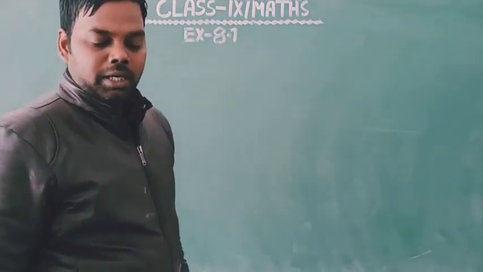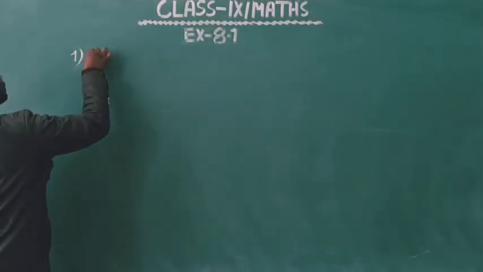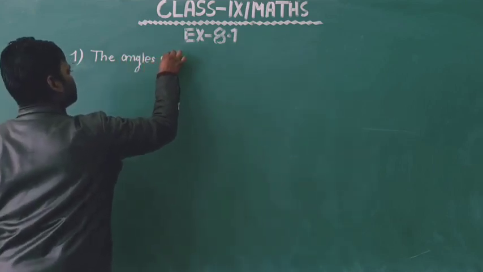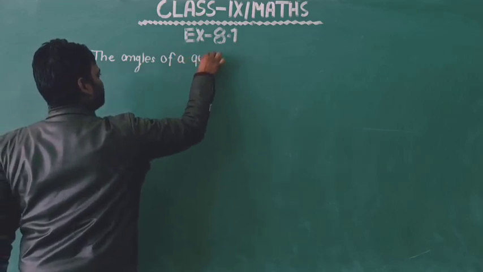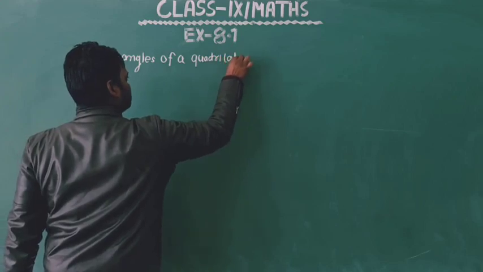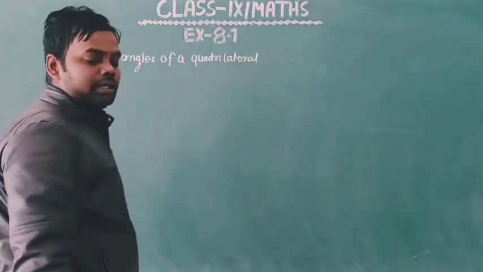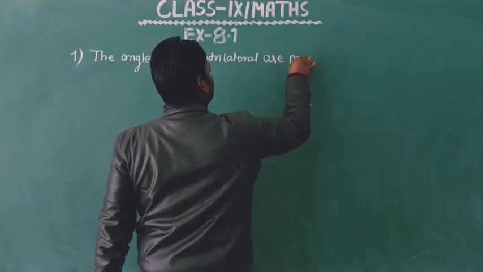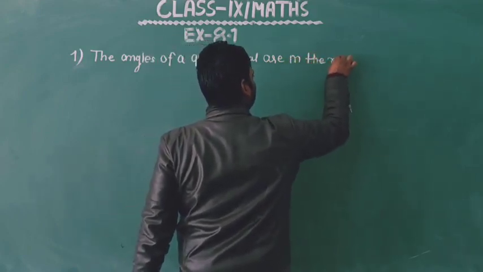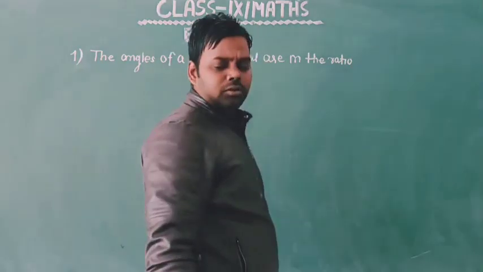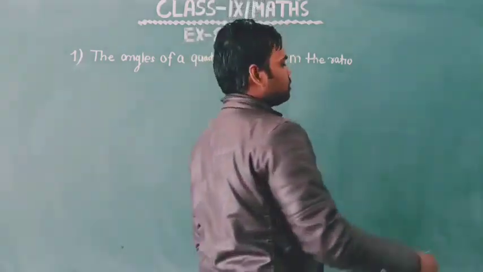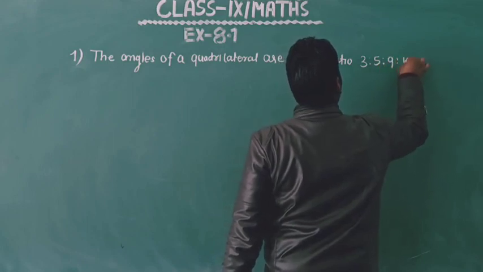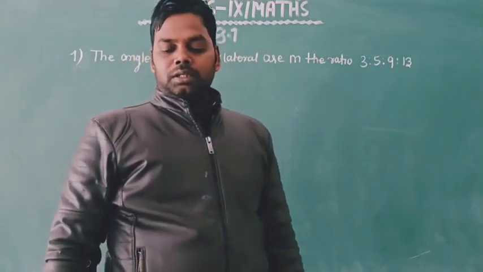The angles of a quadrilateral are in the ratio 3:5:9:13.